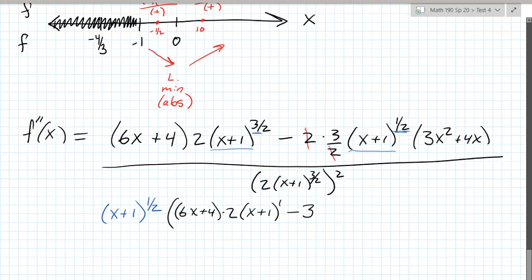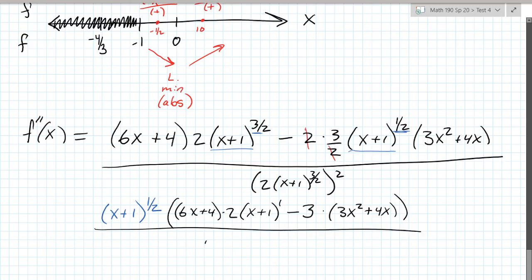That x plus 1 to the 1/2 has been factored out, times 3x squared plus 4x. And then all over, since we're squaring this, 2 squared is 4. That x plus 1 to the 3/2 squared, we would multiply those exponents. So we have cubed.